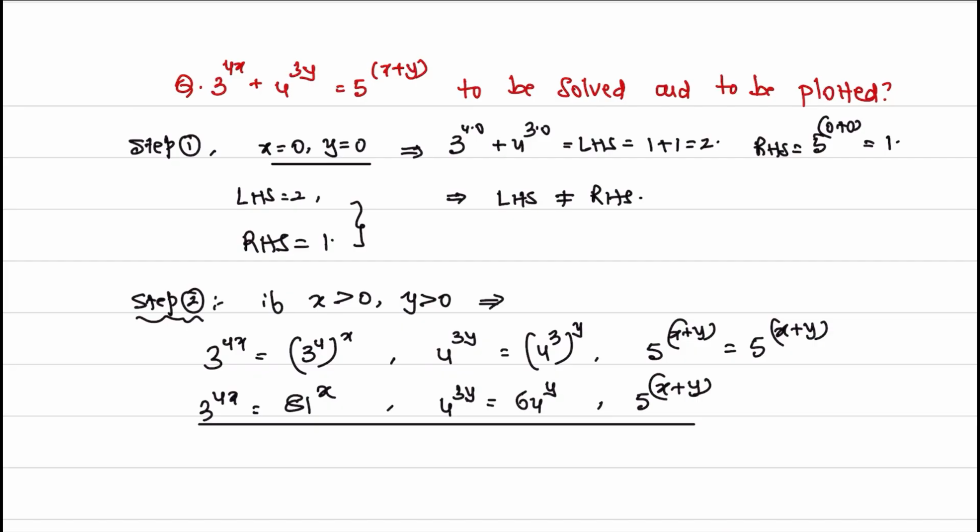Can we write the given question as 81 to the power of x plus 64 to the power of y is equal to 5 to the power of x plus y? If x is greater than 0 and y is greater than 0, for any small value of x and y, please try to understand the logic.